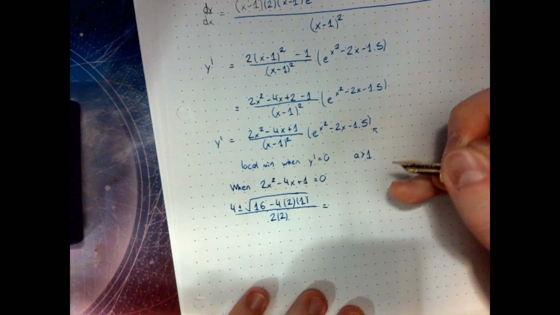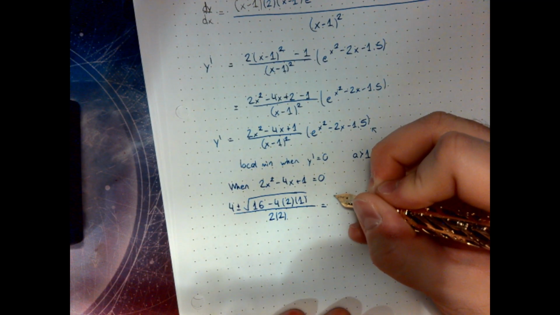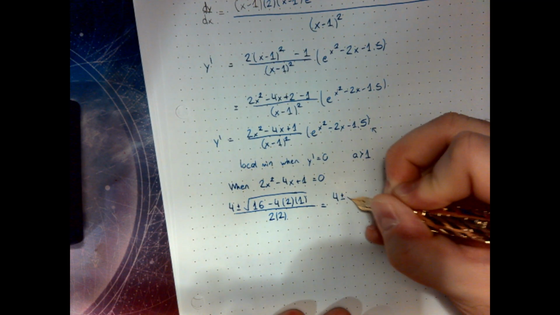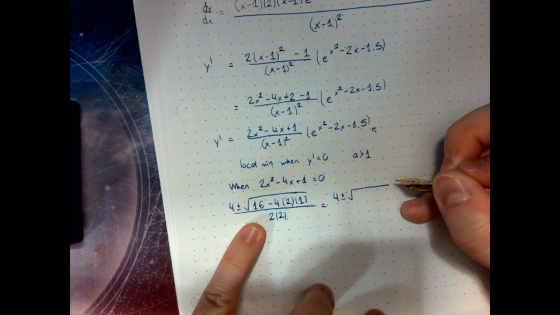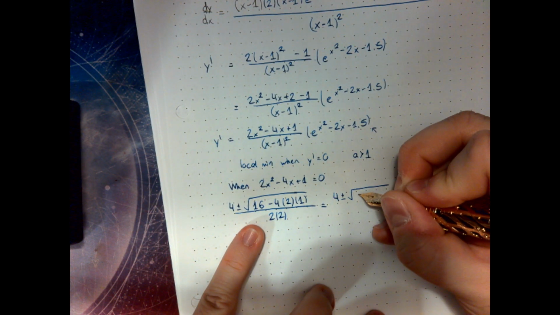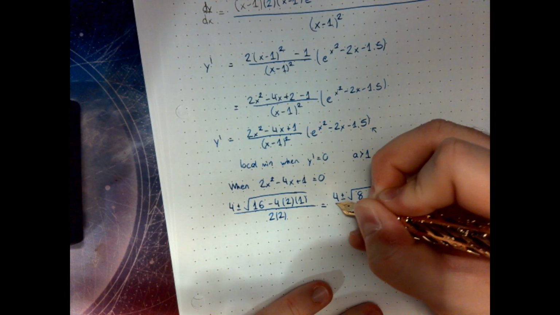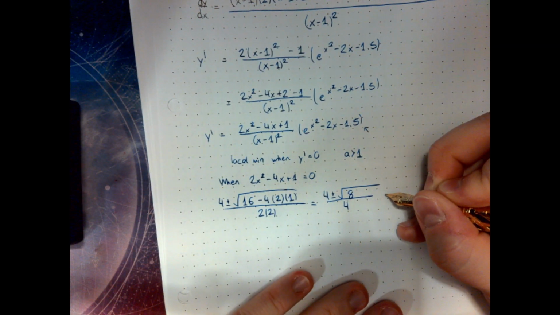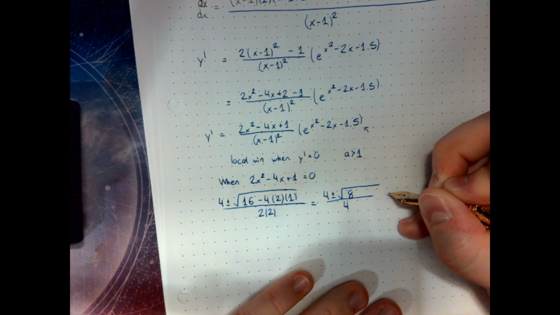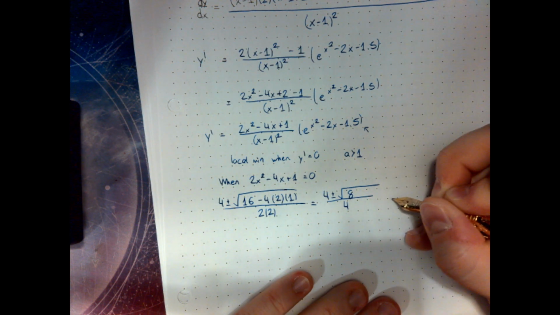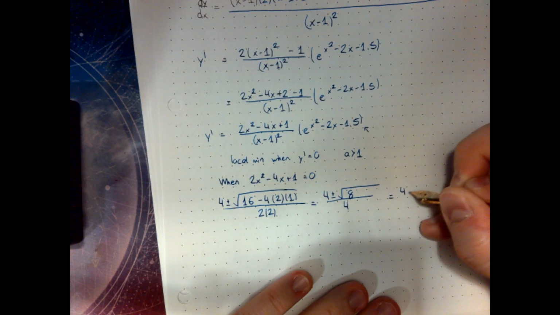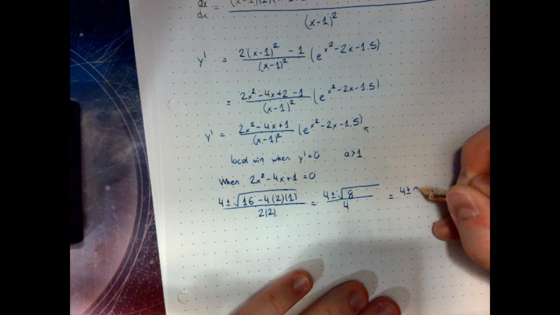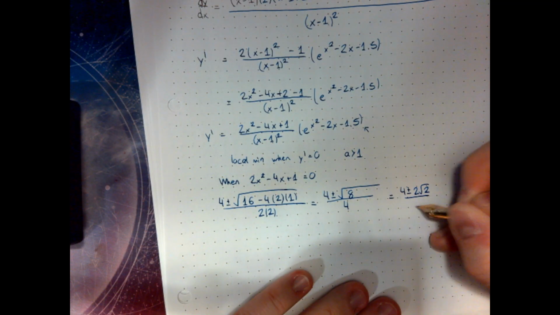Now, let's see how well I can simplify past midnight. 4 plus or minus the square root of 16 minus 8. So 16 minus 8 is just root 8, over 4. And just trying to simplify, what can I do here? Unfortunately, this isn't a 16, so it's not like I can get rid of the 4, but I can turn this into 4 plus or minus 2 root 2 over 4.